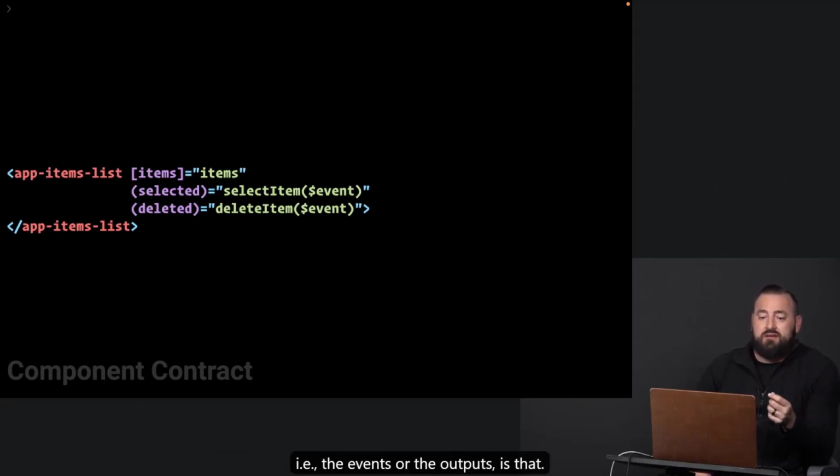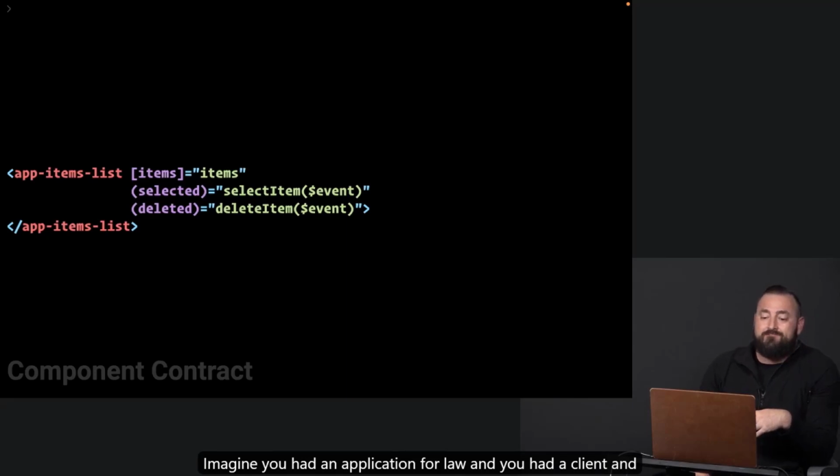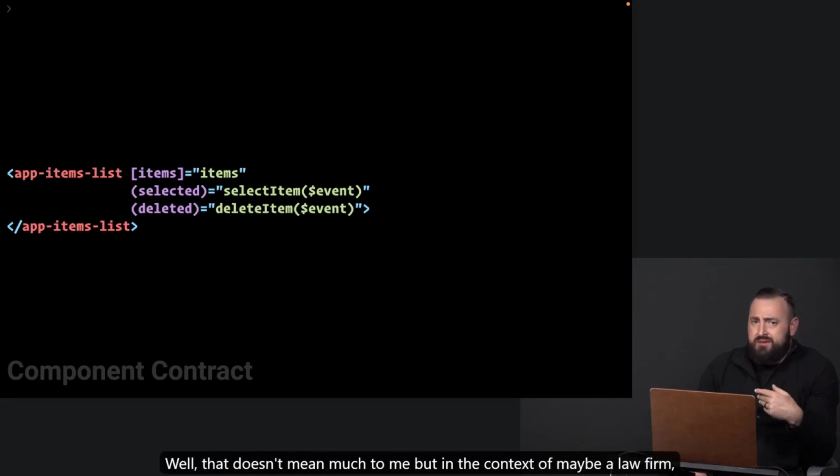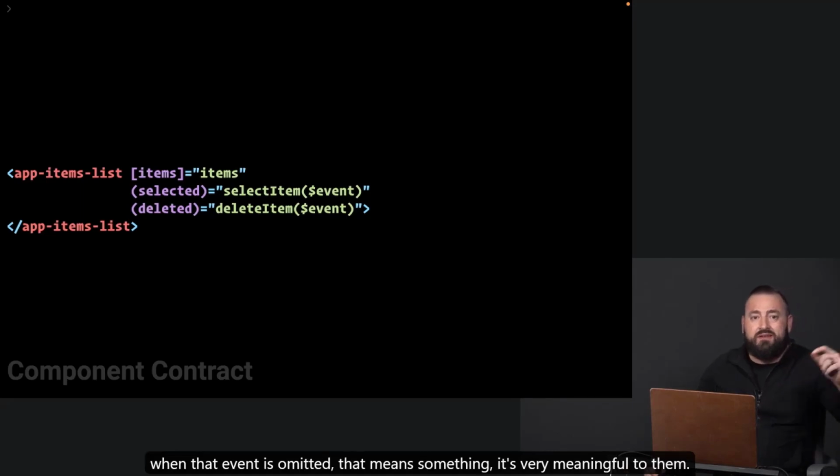Imagine you had an application for law and you had a client, and they were able to emit a litigate event. Well, that doesn't mean much to me, but in the context of a law firm, when that event is emitted, that means something, it's very meaningful to them.